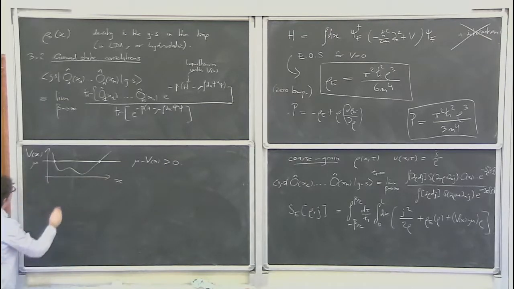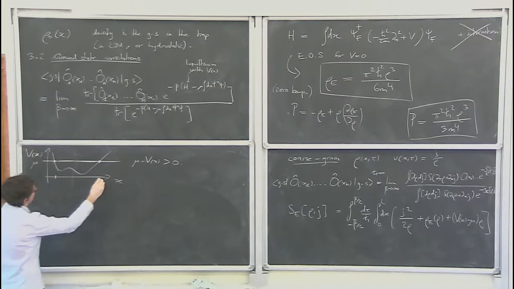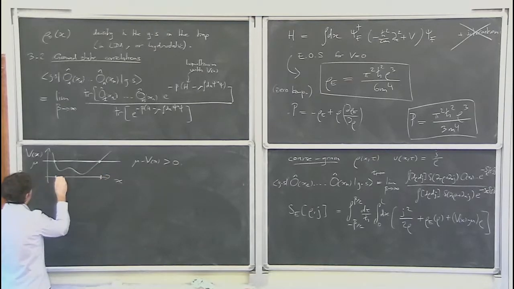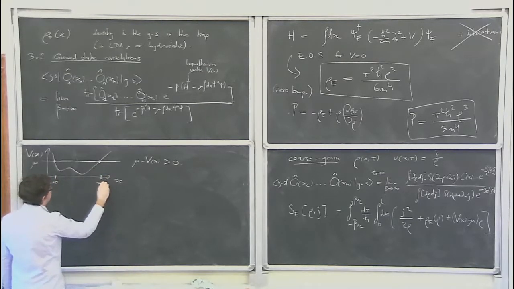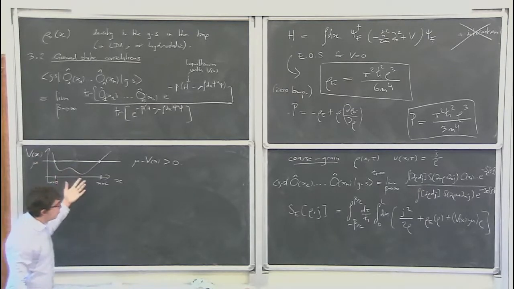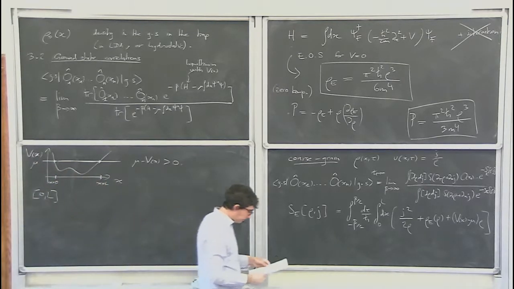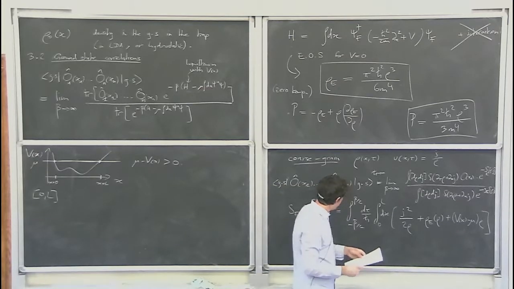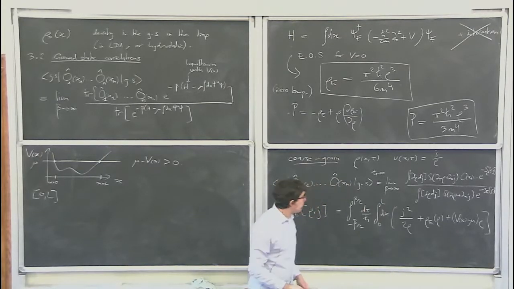I will assume that this is x equals 0, and this is x equals L. So the interval 0 L will always be the interval that is filled with particles, and this is the 0 L that shows up here.